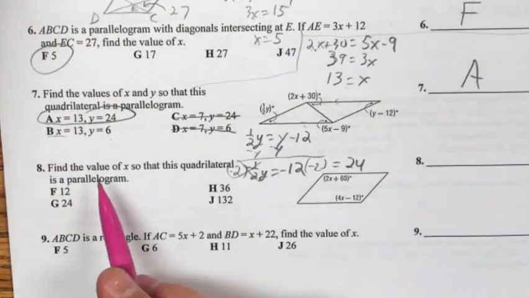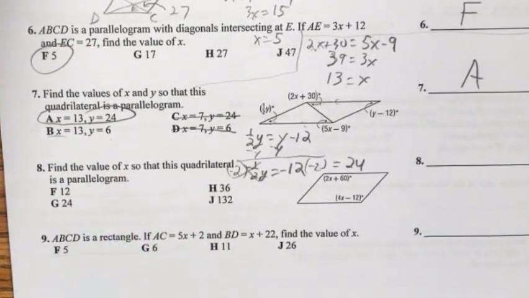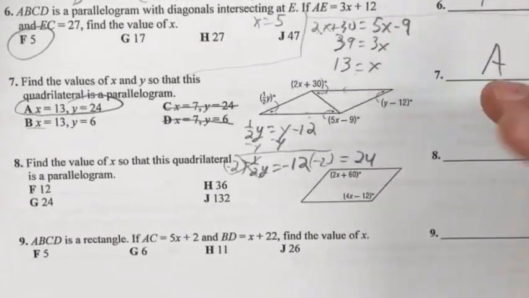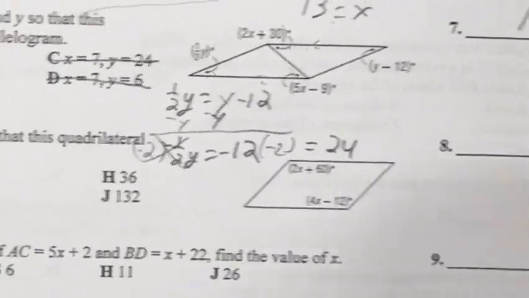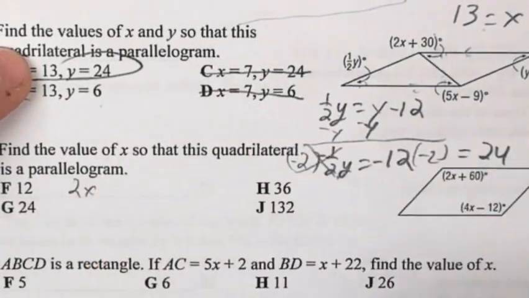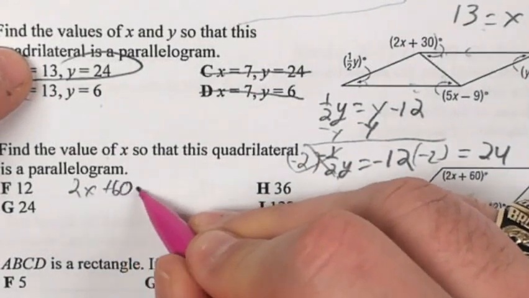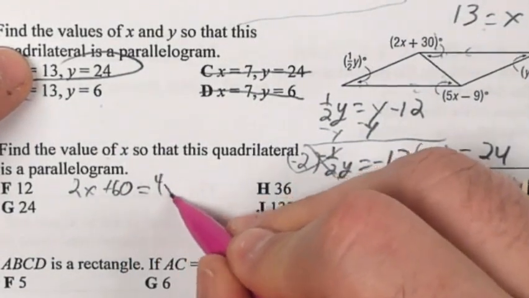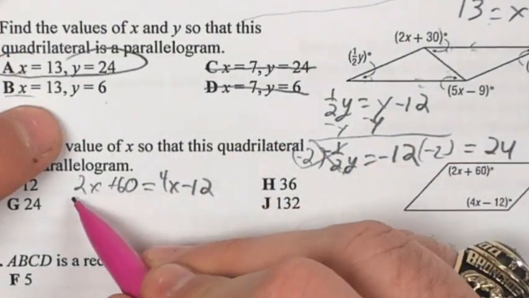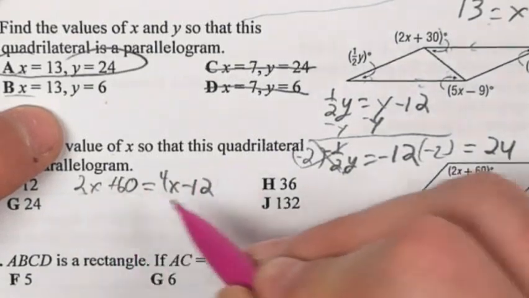All right, number 8, find the value of x so this quadrilateral is a parallelogram. Just like before, I want to set these two opposite angles equal to each other. And so I'm going to do that right here in the middle, because that's where I've got room. 2x plus 60 equals 4x minus 12. I want to get all my x's on one side, so I'm going to subtract 2x from both sides.